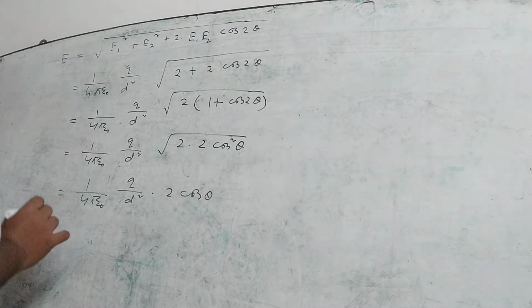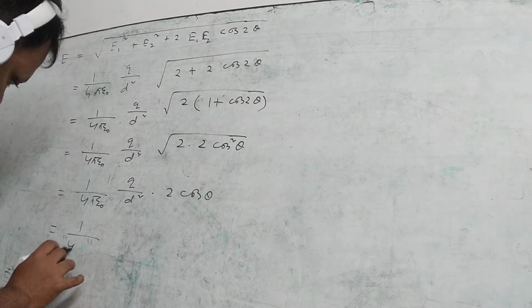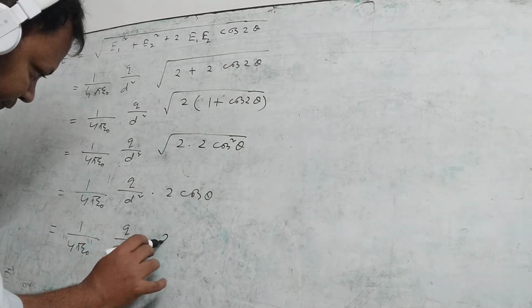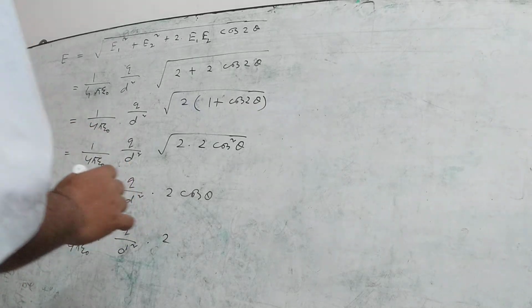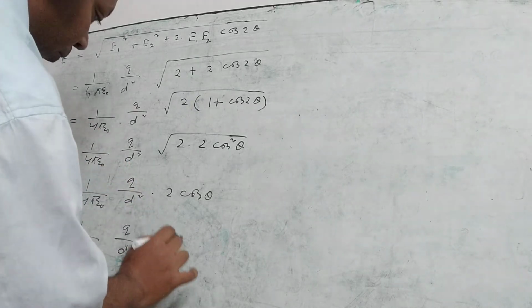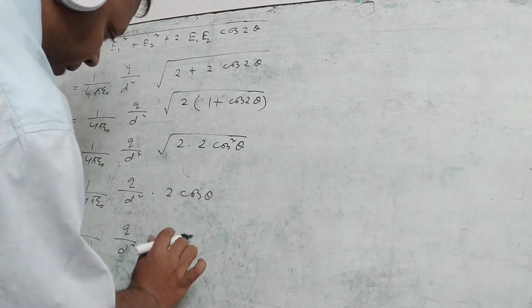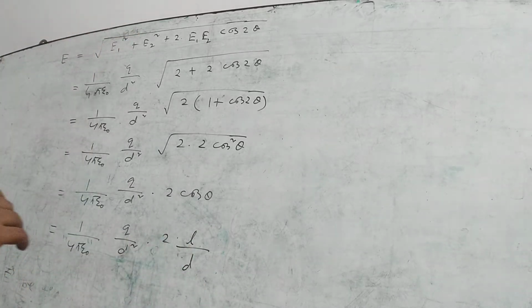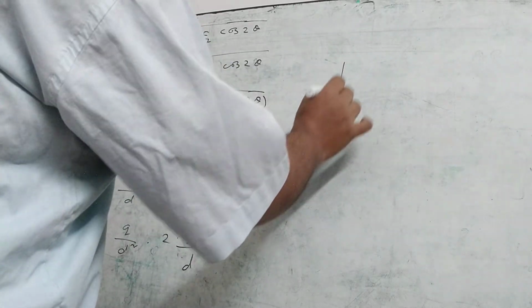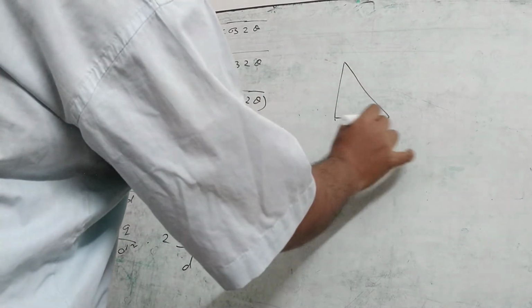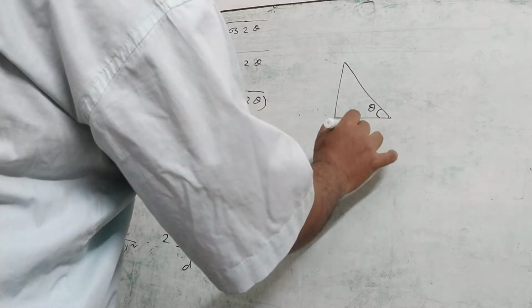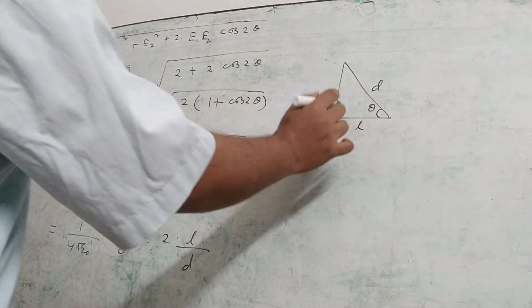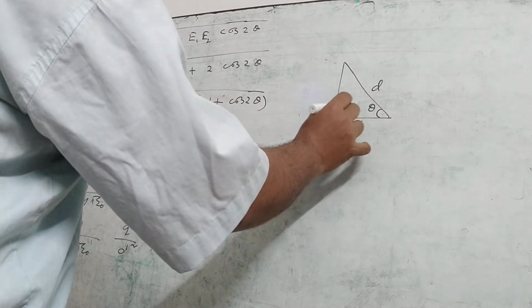Now we can write cos θ is equal to L by d, that is, this is θ, this is L, this is d, the hypotenuse, base.